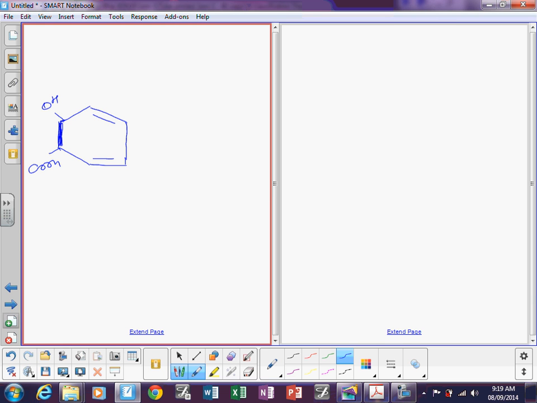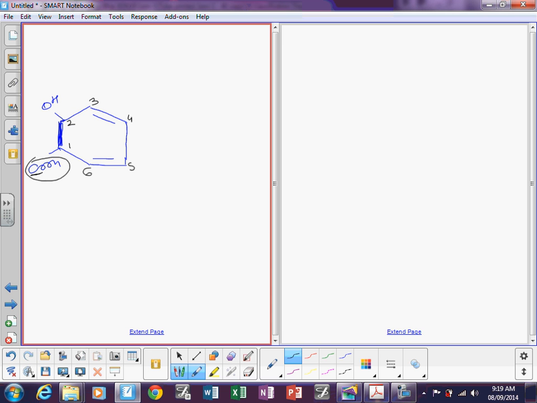A single one. Then from where are you going to start giving the names? Single OH. But here the carboxyl group is out of the ring, because we have to be numbering here 1, 2, 3, 4, 5, 6. Here we are not counting the carbon of the COOH group. In a cyclic compound, if you are not able to count that, then we will give the numbering like this.